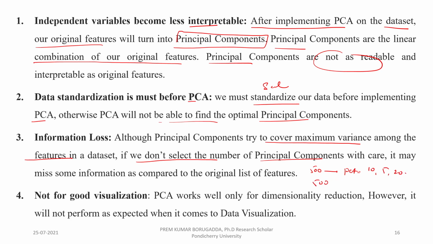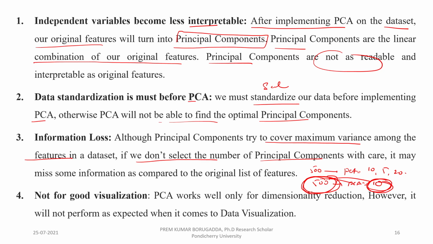Suppose with 500 features I select PCA equal to 10, which means the information of 500 features will be converted into 10 principal components, and the information covered by the 500 features is most probably covered by these 10 features.